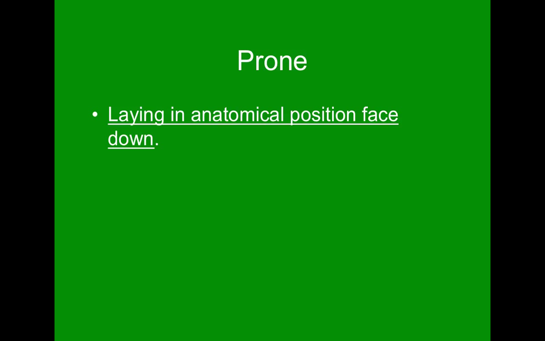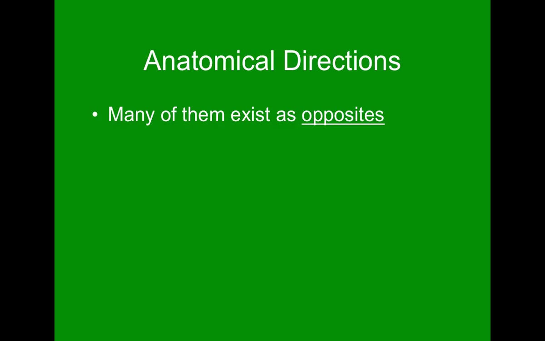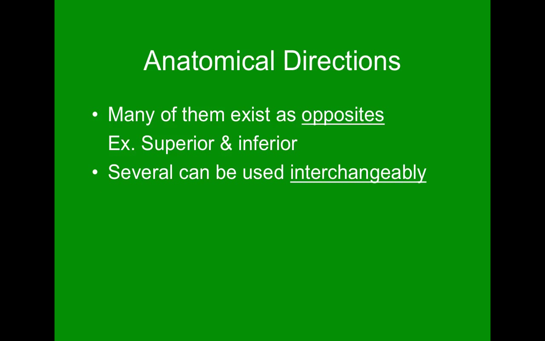Now, the directions themselves, once we're in anatomical position, are nice to learn simply because many of them do exist as opposites. So for instance, superior and inferior are opposites of each other. Others of them are synonyms and can be used interchangeably. What we will be working with is specifically for humans.